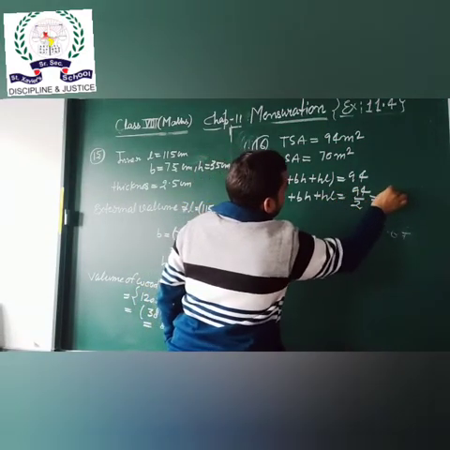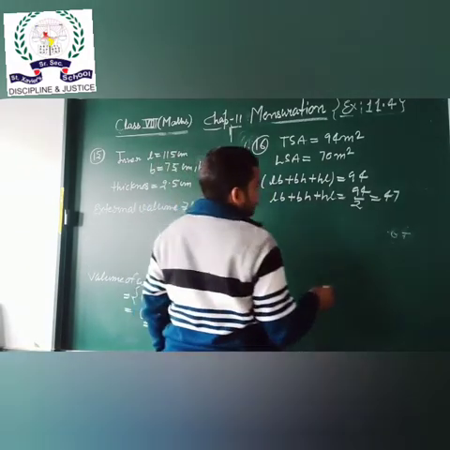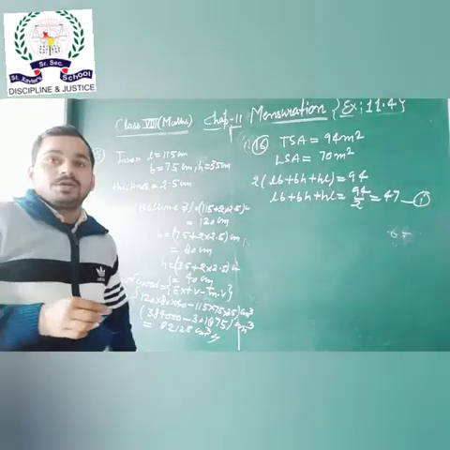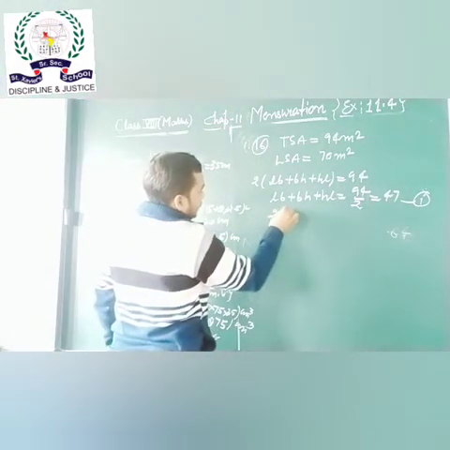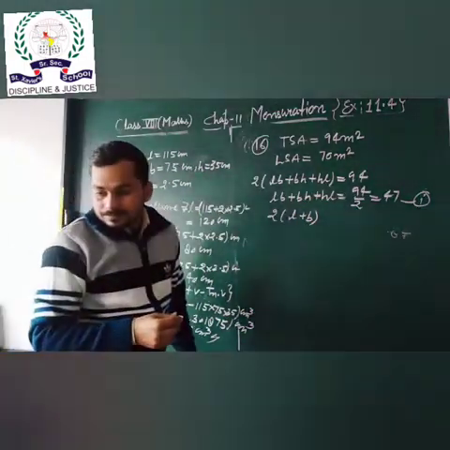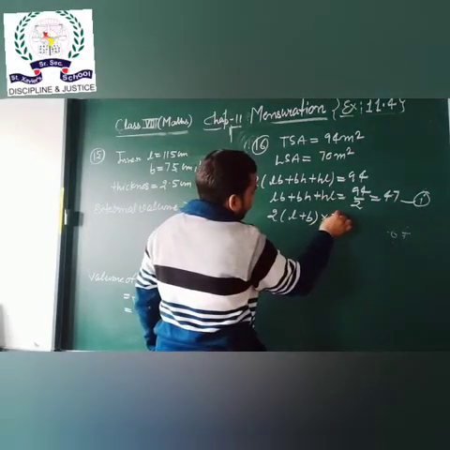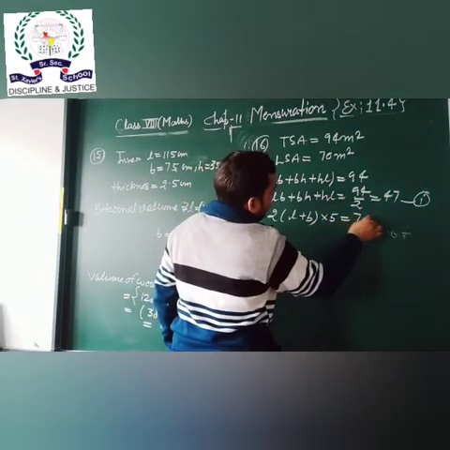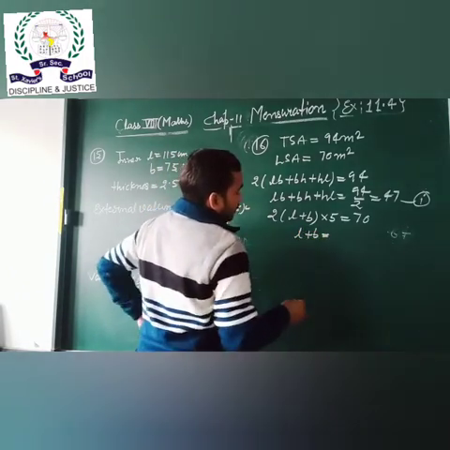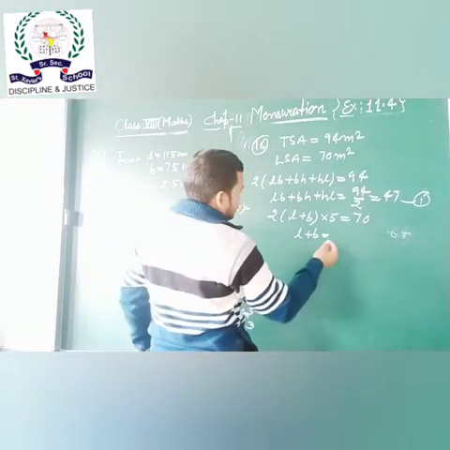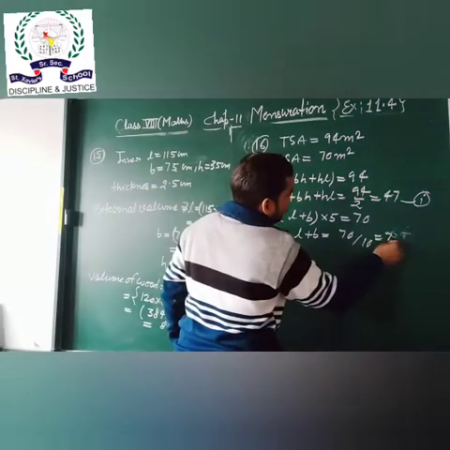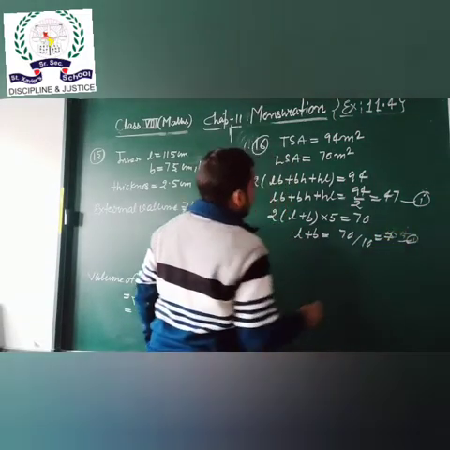2 4s 8, 2 7s 14, 47. Then apply the formula of lateral surface area of cuboid: 2 bracket L plus B, and the height is given 5, into 5 equals 70. 2 5s 10, so L plus B equals 70 divided by 10 equals 7 meter. L plus B equals 7.